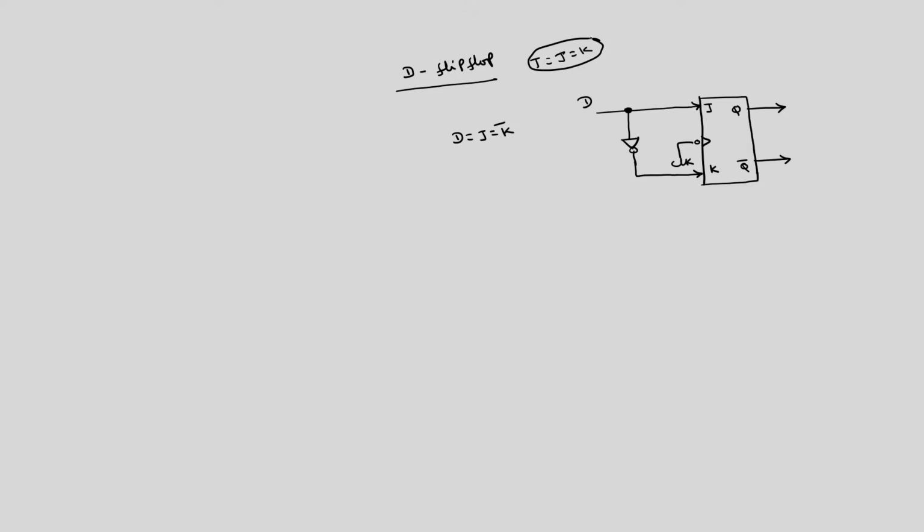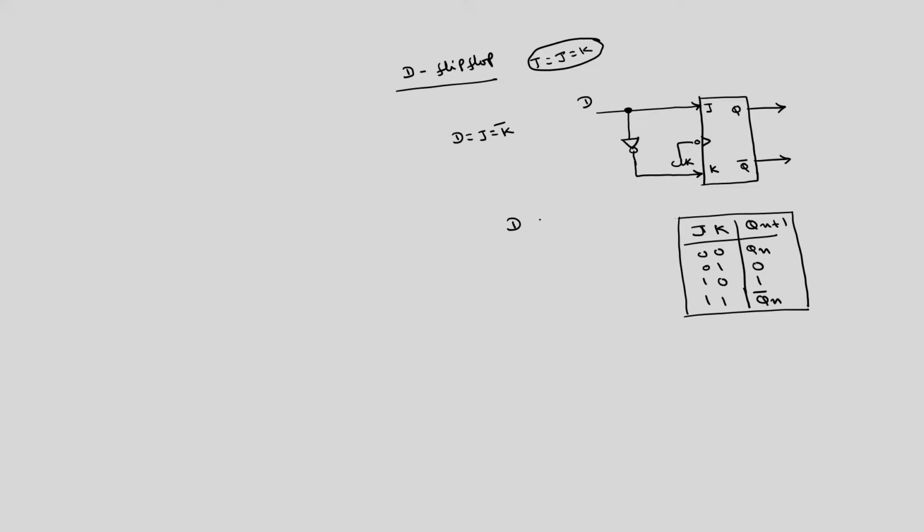In order to obtain the truth table of D flip flop, if I take the same JK flip flop simplified truth table: 0 0 Qn, 0 1 0, 1 0 1, 1 1 Qn complement. From this you can easily derive the truth table of D flip flop also.